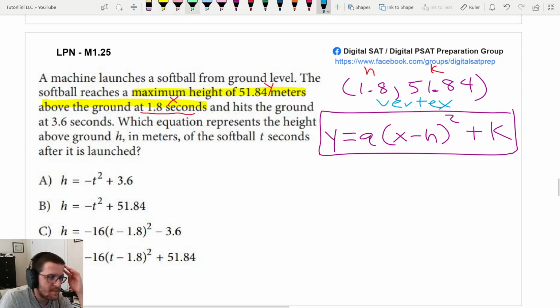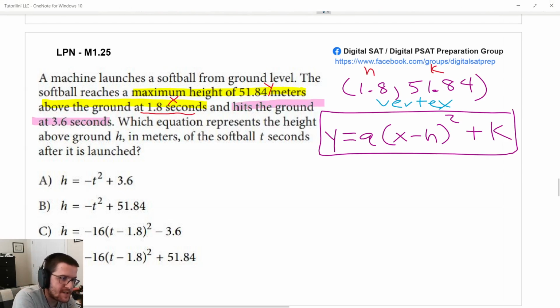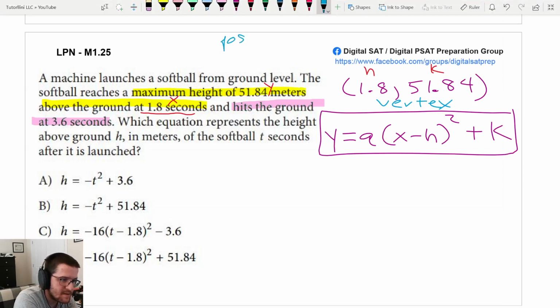Now the second part. I've talked about this in previous videos, I think, but the second part here says it hits the ground at 3.6 seconds. That is the positive x-intercept. The positive x-intercept for a projectile problem is the time it takes to hit the ground.